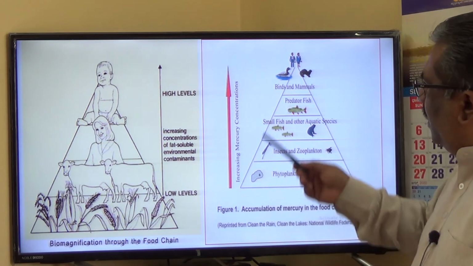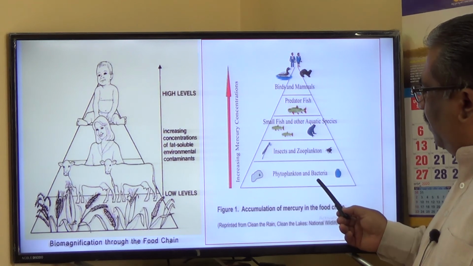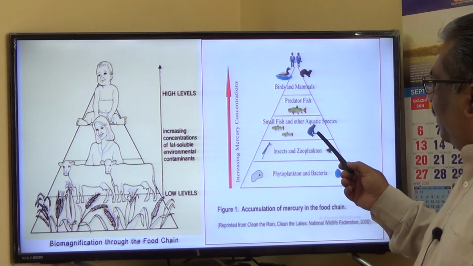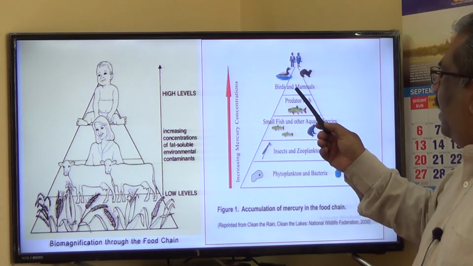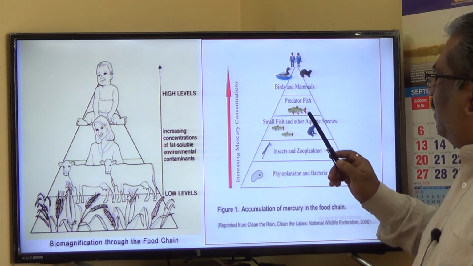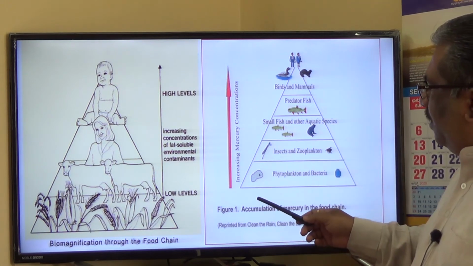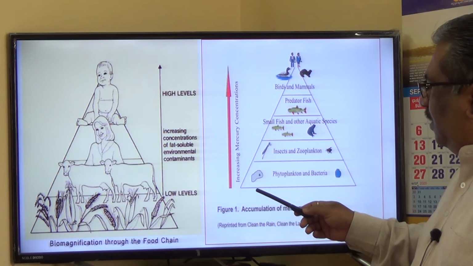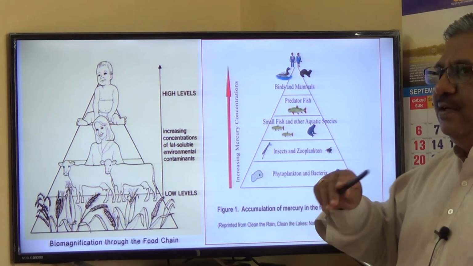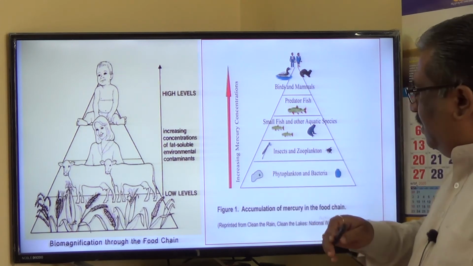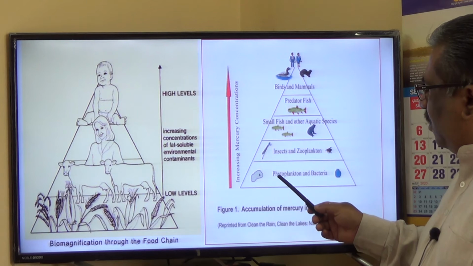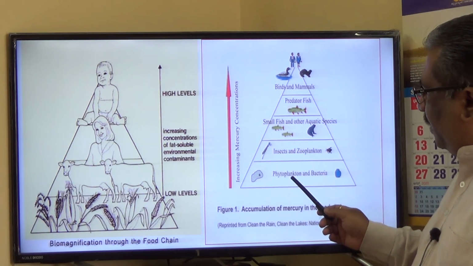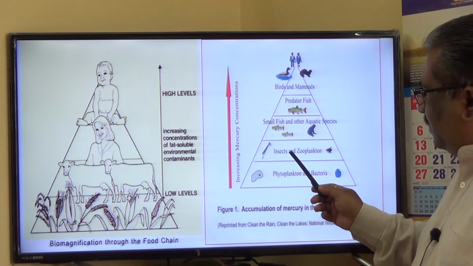So in aquatic bodies we have phytoplankton and bacteria, insects and zooplankton, small fishes and other aquatic species, and big fishes and birds and mammals finally over here. So when the wastewater containing mercury is released into the water bodies, the water bodies will get contaminated with the mercury that will be absorbed by the phytoplanktons and bacteria, and insects and zooplankton which depend on them, the concentration increases in them.